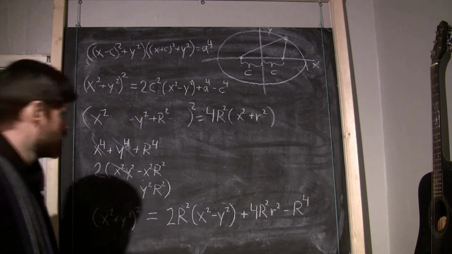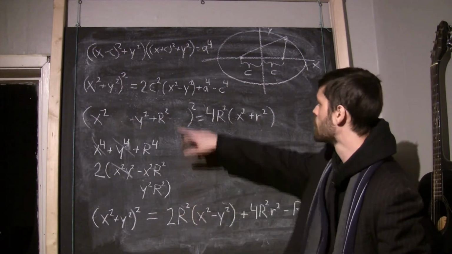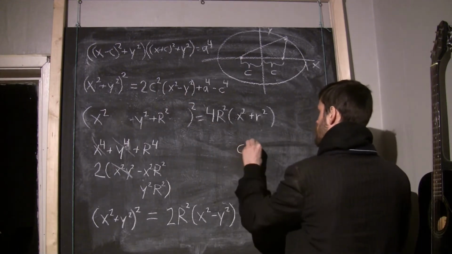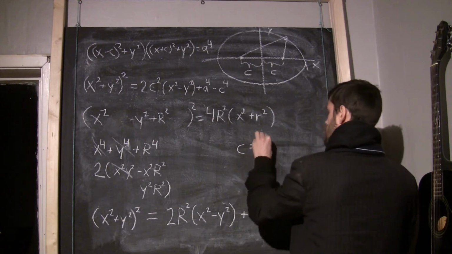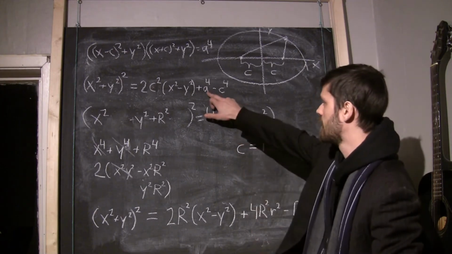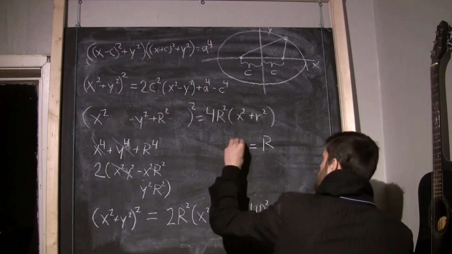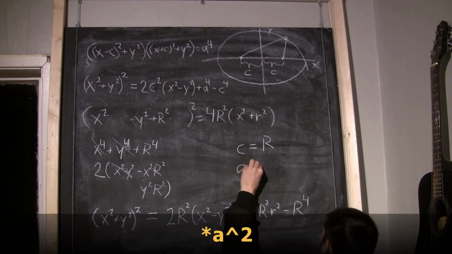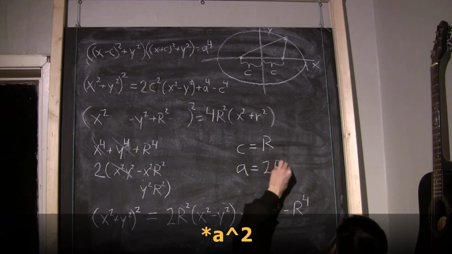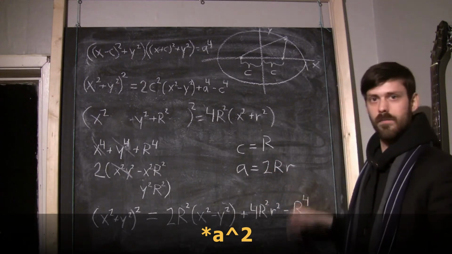and as we see, this is clearly a Cassini oval when we let C equal R and we let A be equal to R, big R, small r.